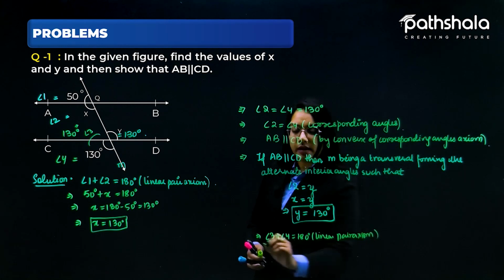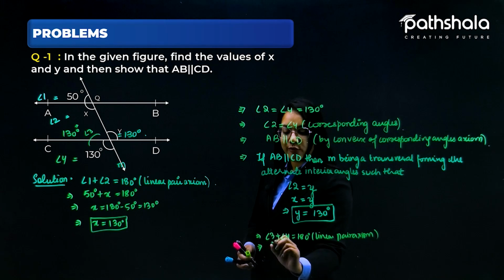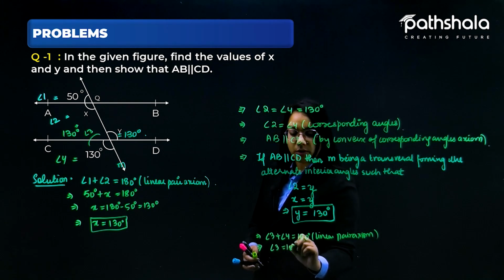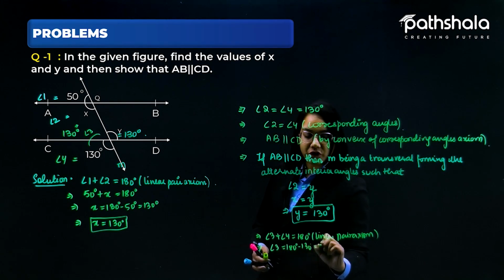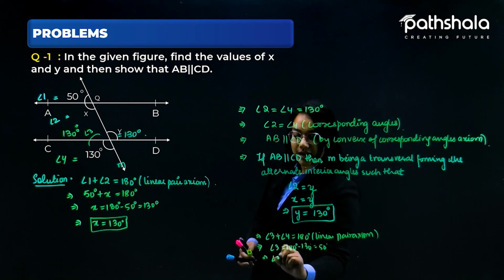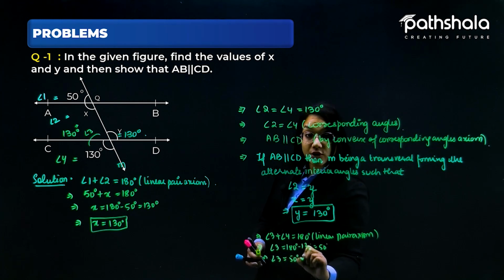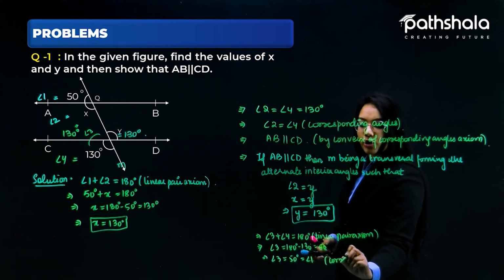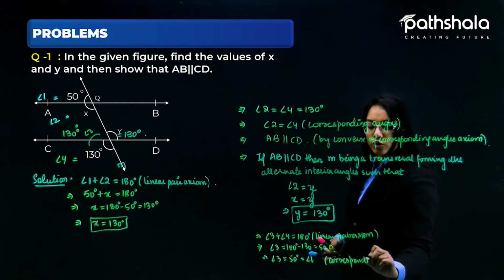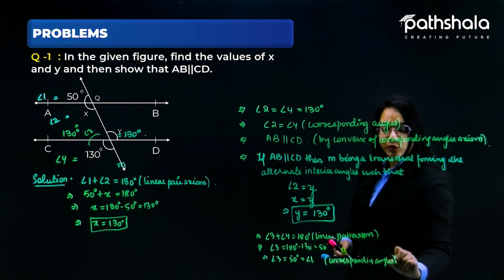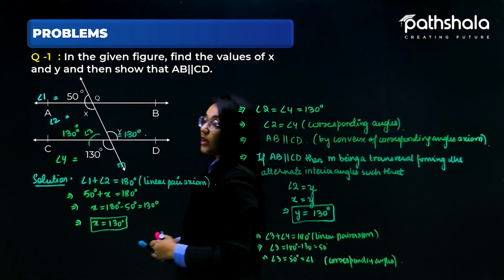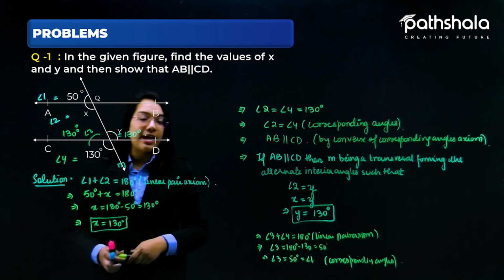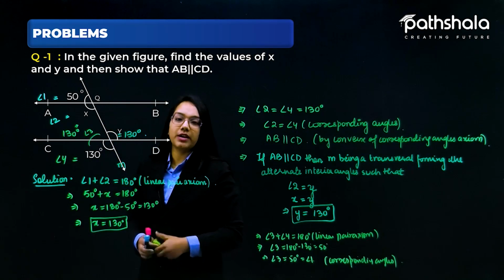If you substitute the value of angle 4, angle 3 is 180 minus 130, which is equal to 50 degrees. This is equal to angle 1, so again they form corresponding angles, and if they form corresponding angles, the two lines are parallel to each other. So you can do it in any way. This is the answer for question number 1.